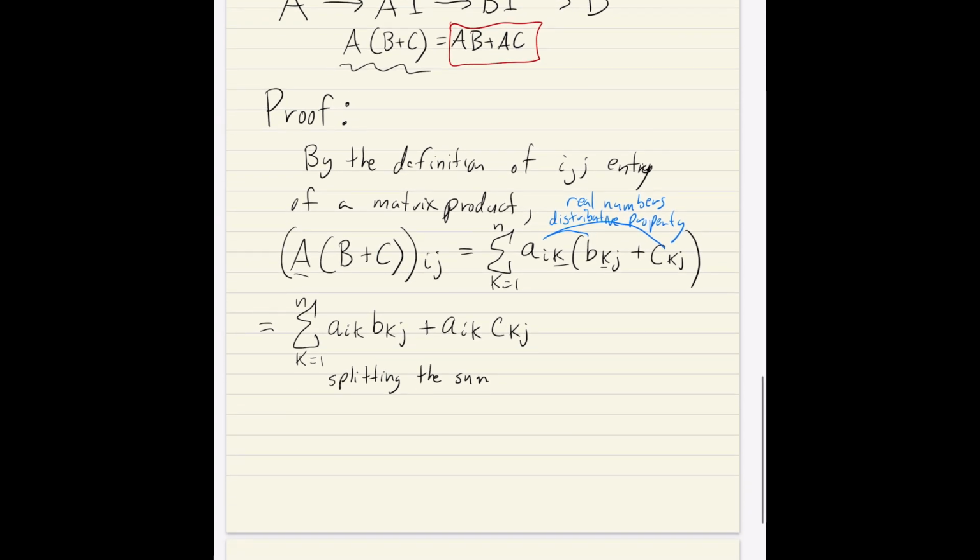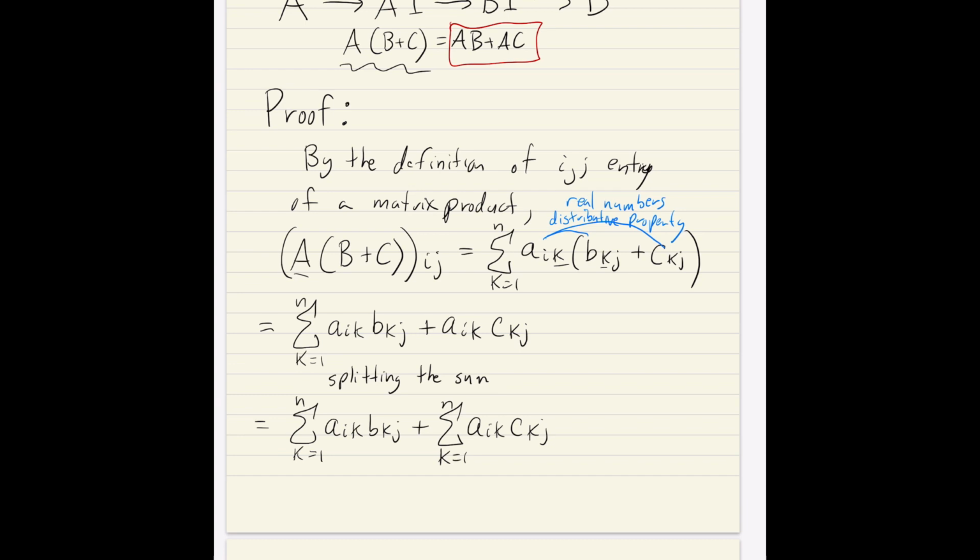So this sum is equal to the sum from k equals 1 to n of a_ik b_kj plus the sum from k equals 1 to n of a_ik c_kj.